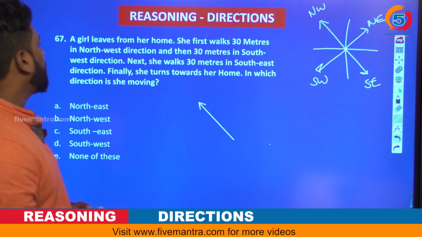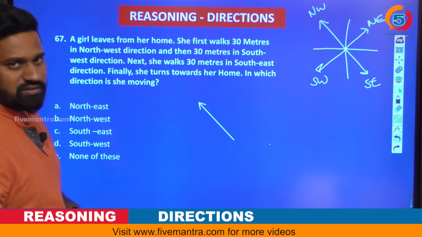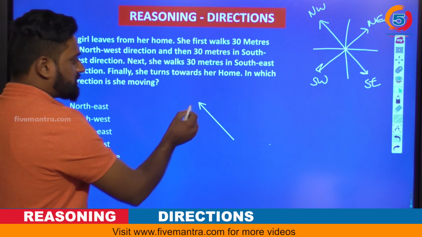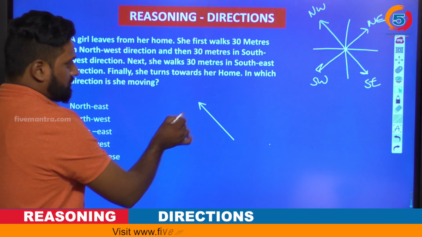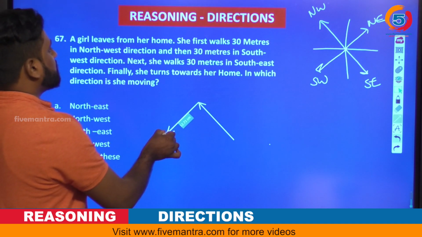Next, 30 meters in the southwest direction. Southwest means this is the direction, so she is moving like this, and 30 meters is given again.